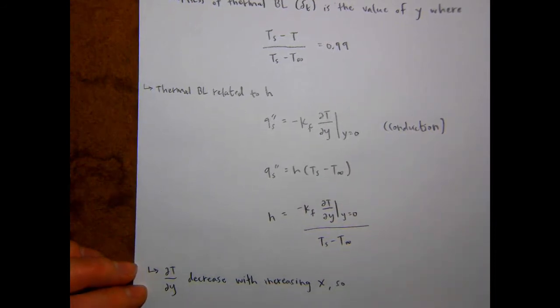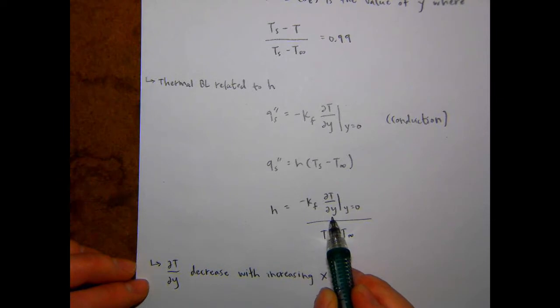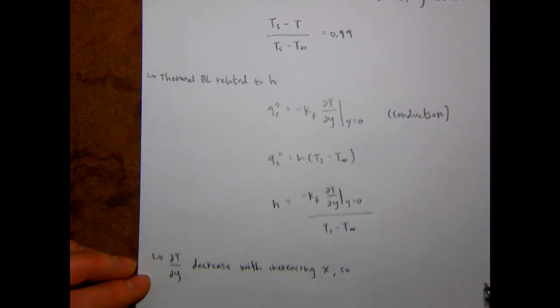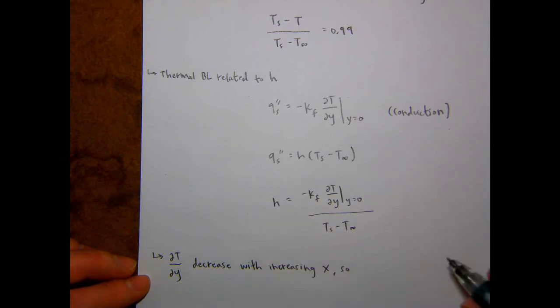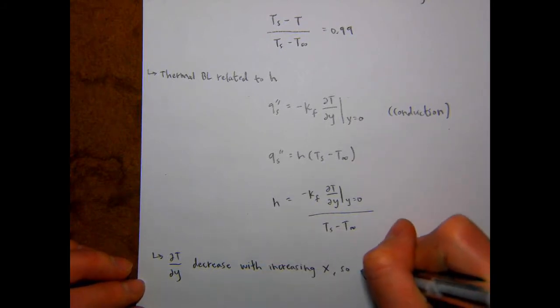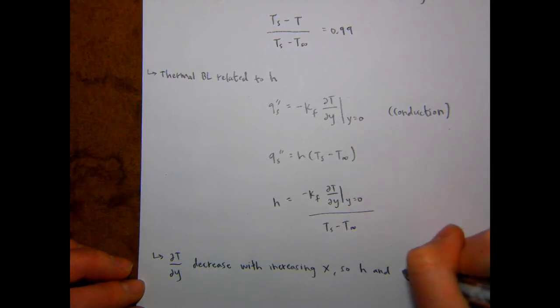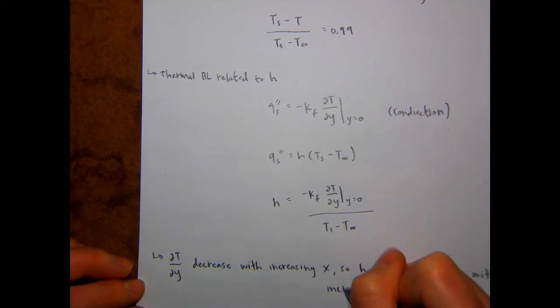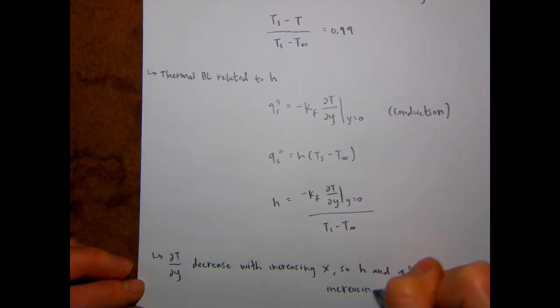So the convection coefficient, h, which depends on partial T, partial y, and q, which depends on h, both also decrease with increasing x. So h and q decrease with increasing x.